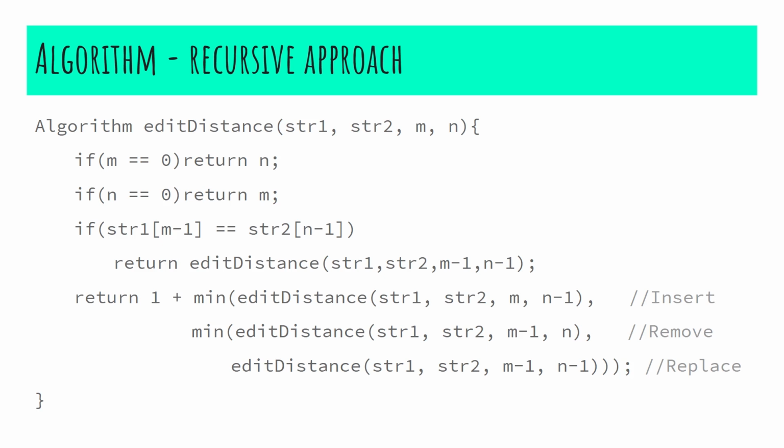If the last characters of the 2 strings are the same, then we do not do anything and simply ignore the last characters and get the count of the remaining strings. If the last characters are not the same, we consider all the three operations on the last character of string 1 recursively, compute the min cost of all the three operations and take the min of the three values, added by 1.